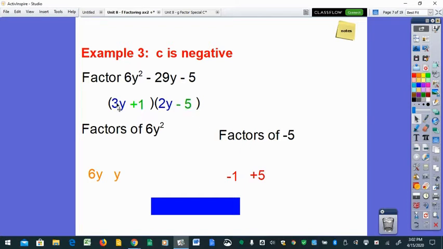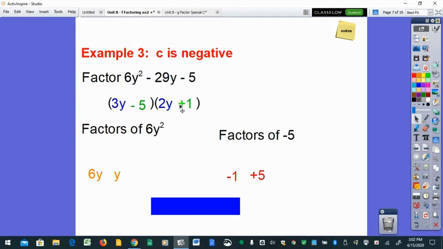And if you notice, I got 3 times a negative 5 would be negative 15, and the inside's a positive 2. So I have negative 15y plus 2y, which is not going to give me the negative 29y. Now before I throw that pair out, I'm going to flip them to make sure it wouldn't work the other way. So now I have positive 3y and negative 10.